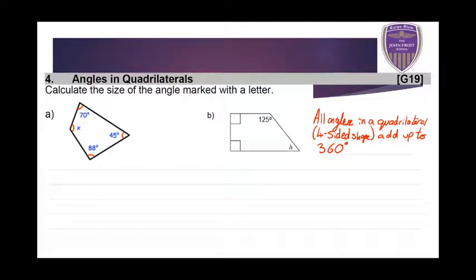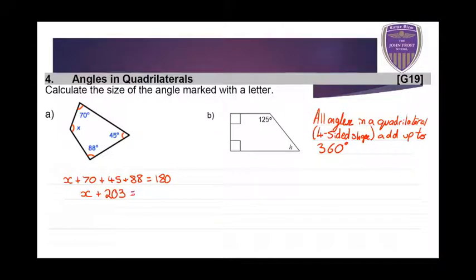Okay, so for our first shape, question A, we've got x plus 70 plus 45 plus 88, and this is equal to 180. Okay, so we're going to add these together. So 70 plus 45 is 115, and 115 plus 88 is 203.